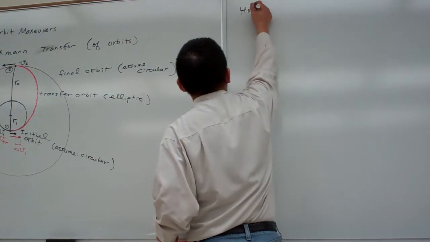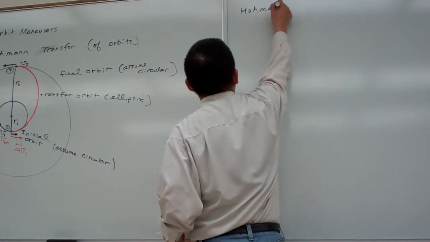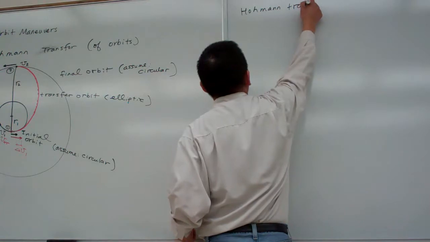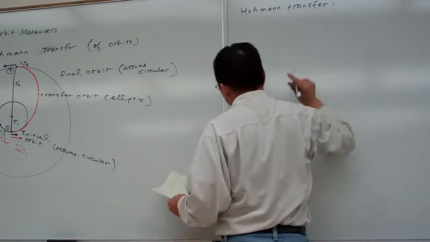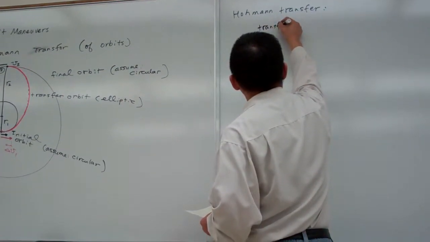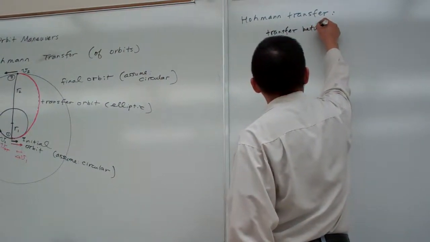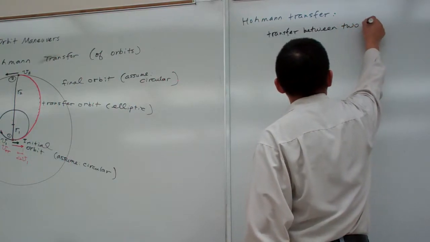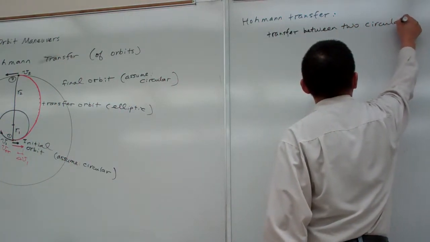The Hohmann transfer. Let me give you a definition. That is the transfer between two circular orbits.